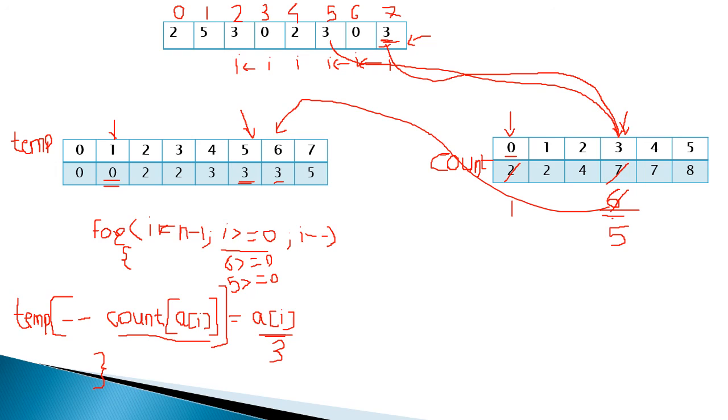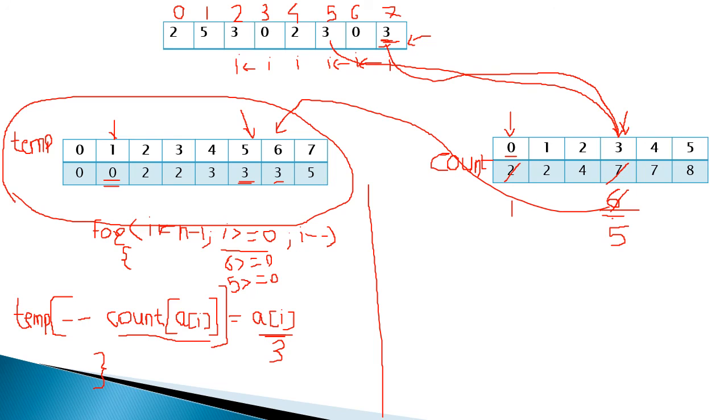Okay. Then the last for loop is what? We have to copy our temporary array into our original array. That's why we have to execute one more for loop, that is the fourth for loop.